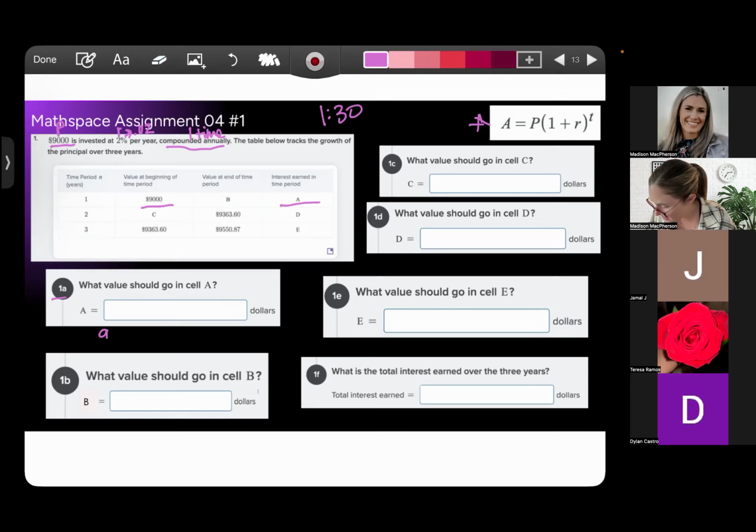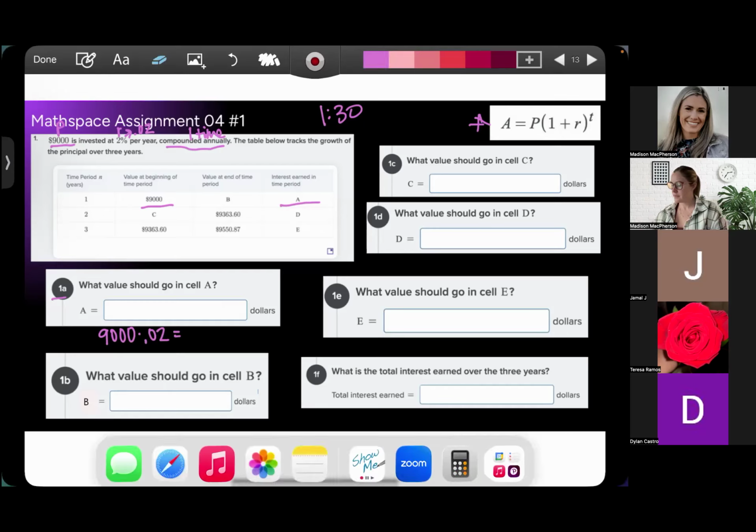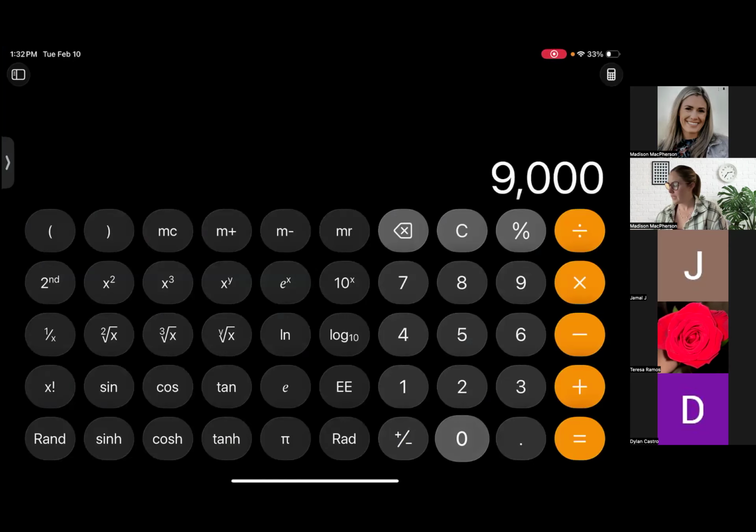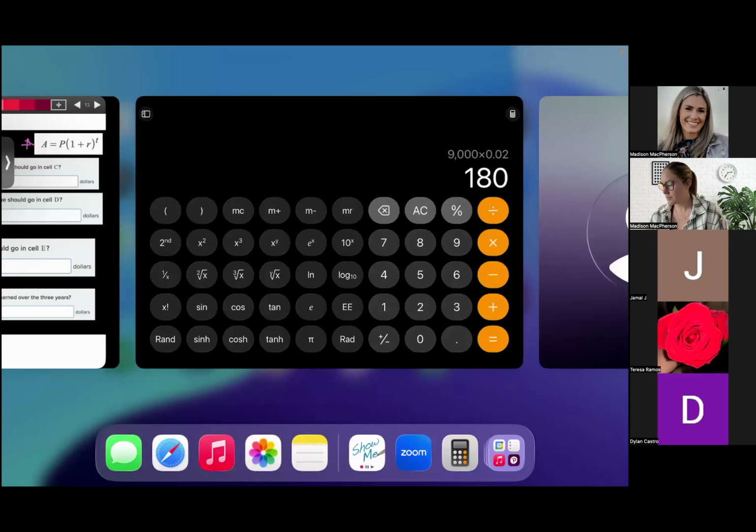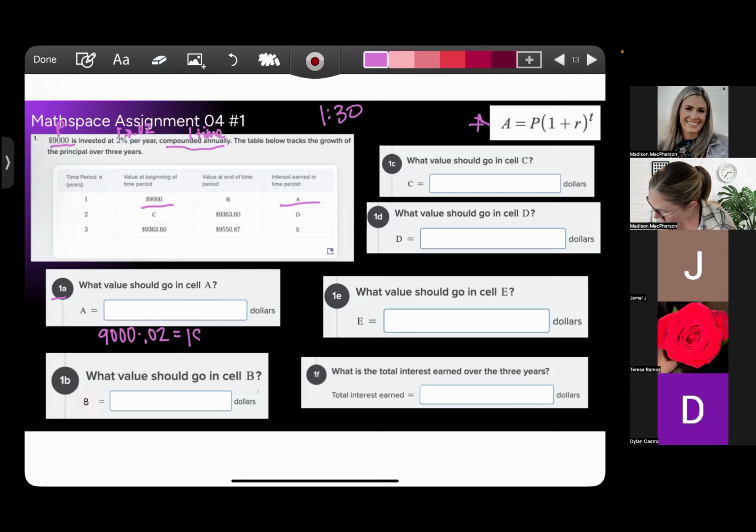So 9,000 times 0.02, and that will tell us how much interest was earned in 1 year. 9,000 times 0.02. It's $180. So value in cell A should be 180.